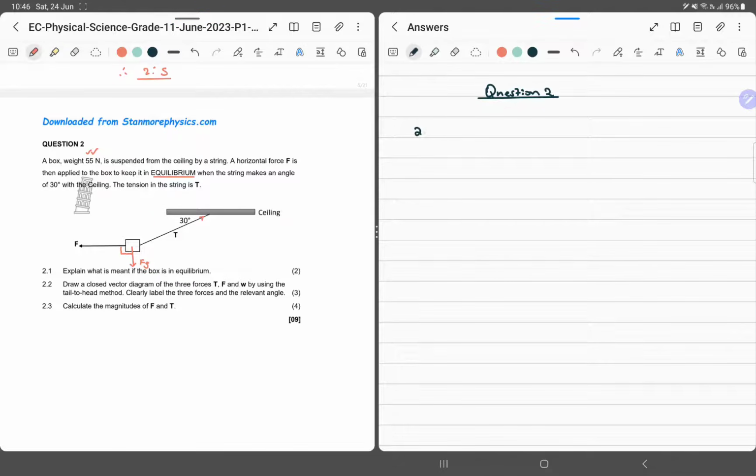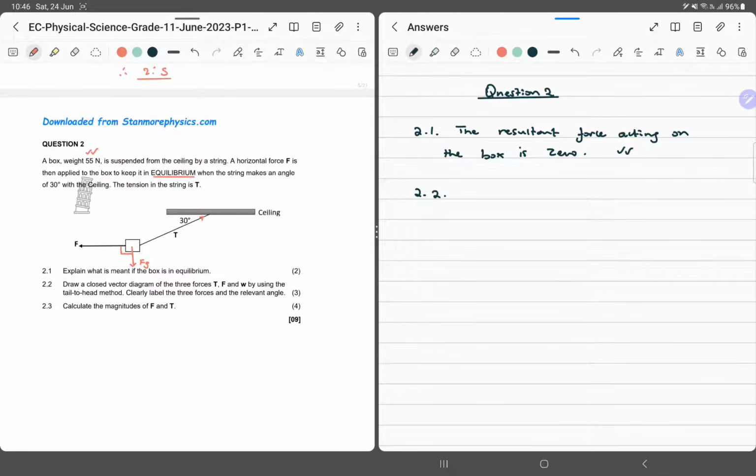What we know is that to answer 2.1, the resultant force acting on the box is 0. Basically that means there's no resultant force acting on the block. So we get your first 2 marks then, nice and easy.